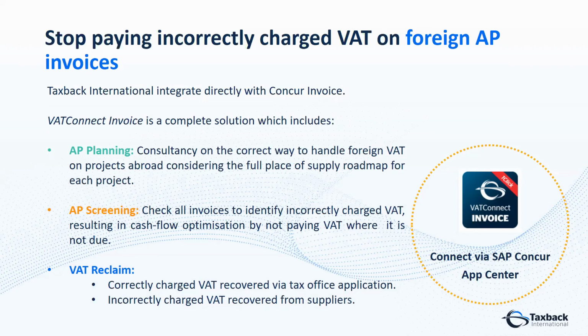It makes it a lot more difficult to go back to your vendor and get them to reissue an invoice. If you're dealing with SAP Concur Invoice and Taxback International, we're picking up on the error in close to real time. So we have the ability to very quickly go back to the vendor and get them to redress the error that they made. And of course, this is a massive impact on cash flow optimization.